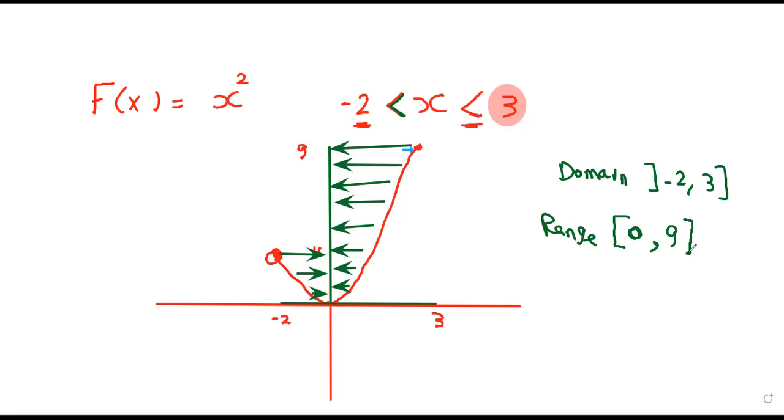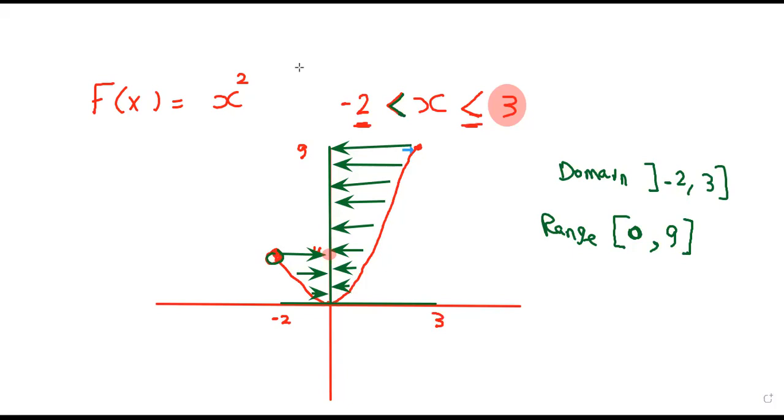9 closed. But we have a problem here because f of -2 is 4. So this is not defined. We don't have this value, which is 4.